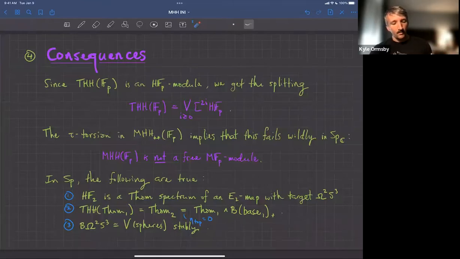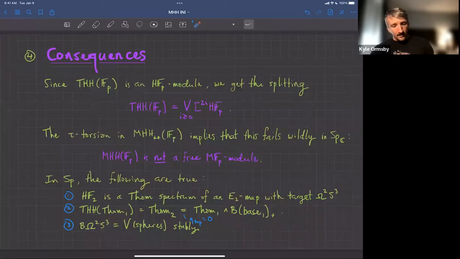And then work of Andrew Blumberg and others shows that in very general scenarios, THH of a Thom spectrum, under a little hypothesis on the topological Hopf map, is actually a Thom spectrum, which is in terms of the first Thom spectrum smashed with something involving the base of the first bundle.